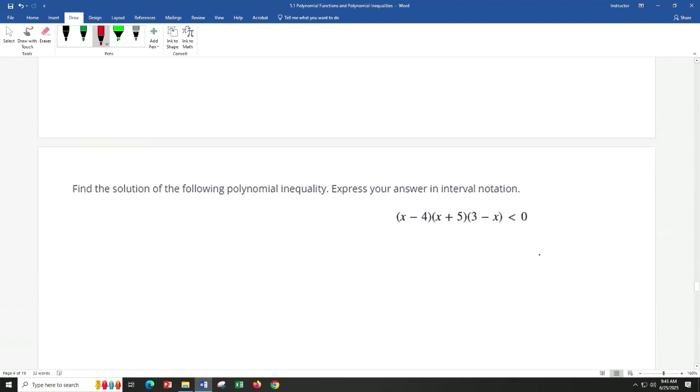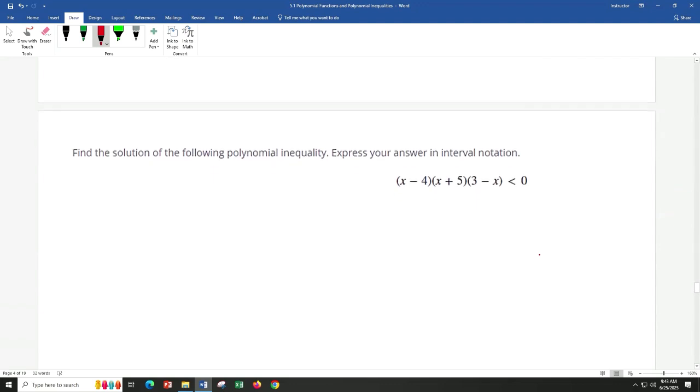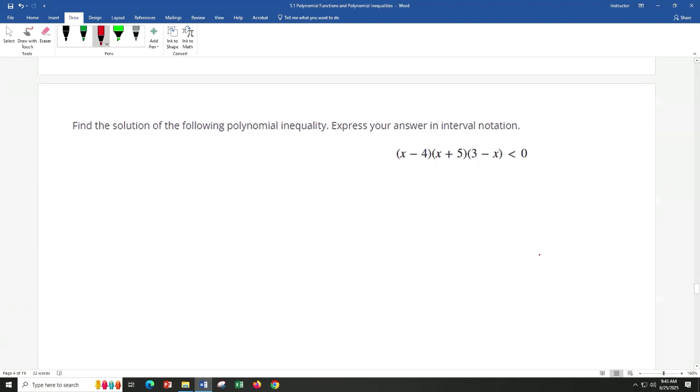Look at this one right here. Find the solution. We just did that, right? Be careful with this one though. Look at the last one. That's 3 minus x. But if you still want to know what the degree is, you got x times what? -x. So what are you probably going to have here?